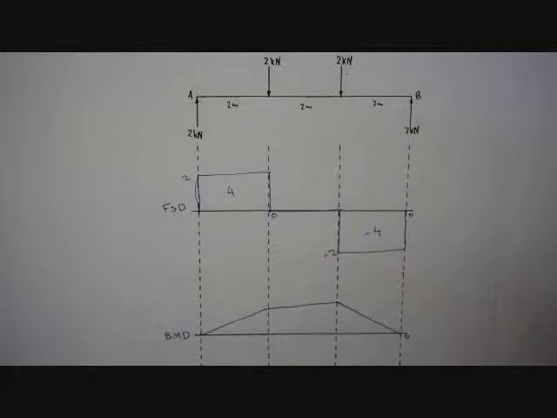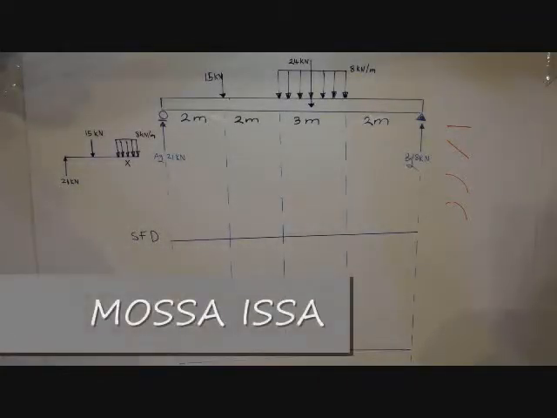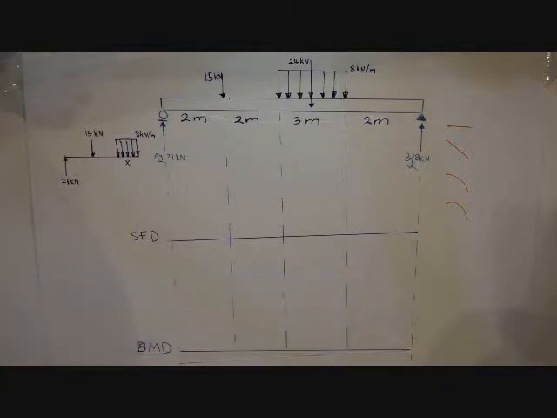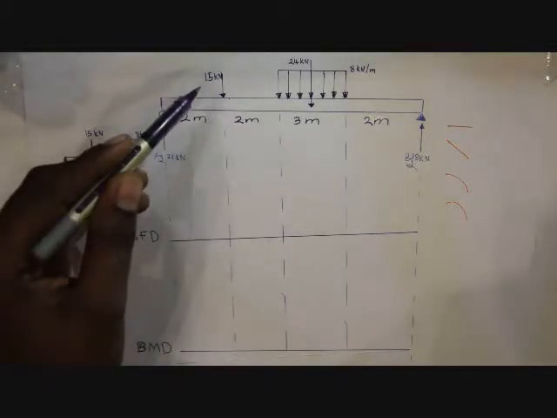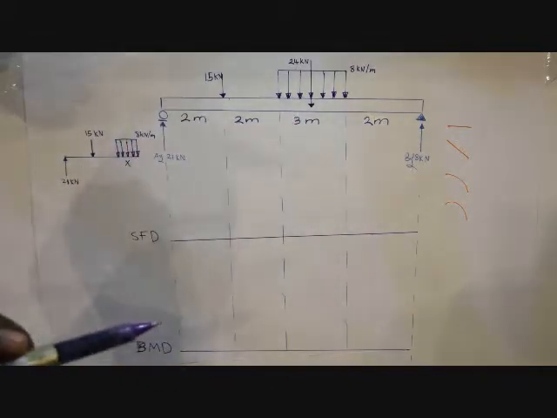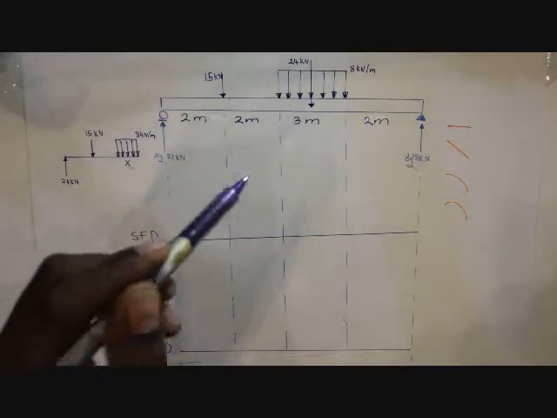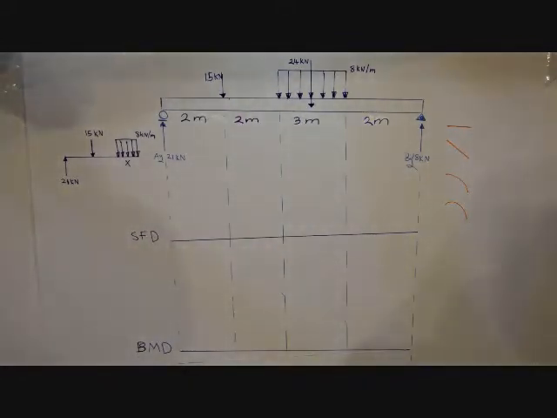And now let's go solve a more complicated problem with my friend Musa. Hello everyone, in this video we are going to draw the shear force and bending moment diagram in order to see the maximum shear force and the maximum bending moment. Okay, we got a beam and there are two forces acting on it, 15 kilonewton and 24 kilonewton, which was actually a distributed load, and we converted it into one single load and we got our reaction forces.